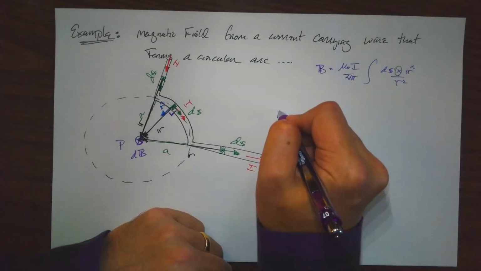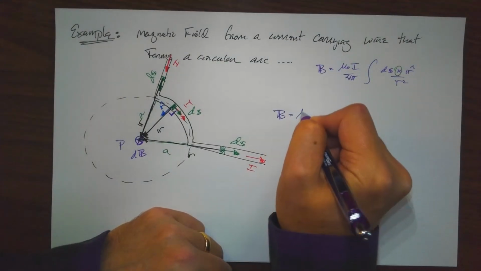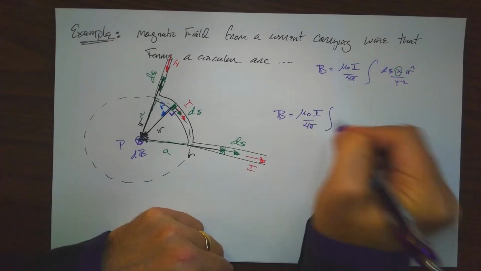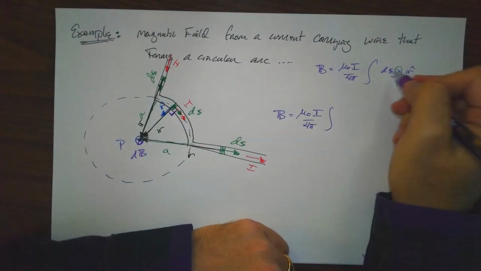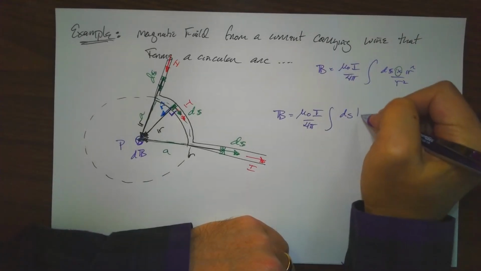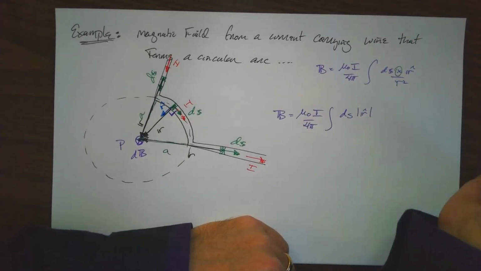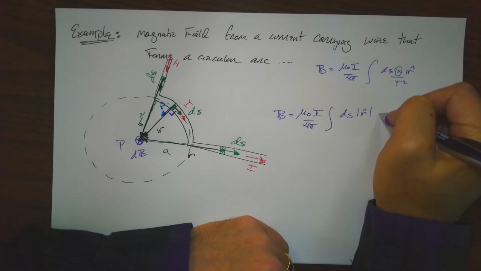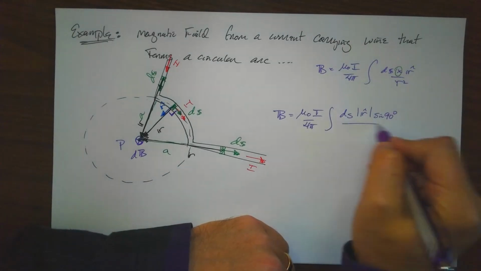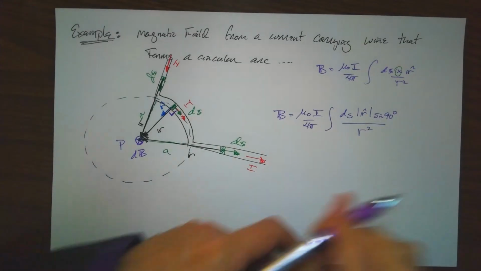And when we go in to find that, B will be mu naught I over 4 pi. And then what we're going to do is evaluate this cross product. This will be our ds. And then again, the magnitude of r hat is just 1. And then I'm going to have the sine of 90 degrees because they're perpendicular, over r squared.